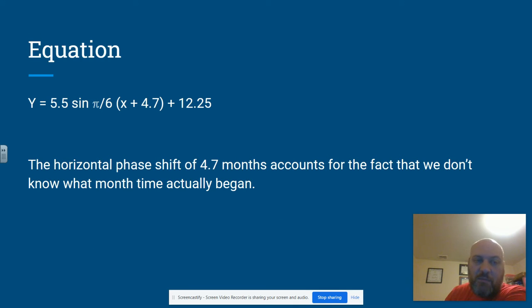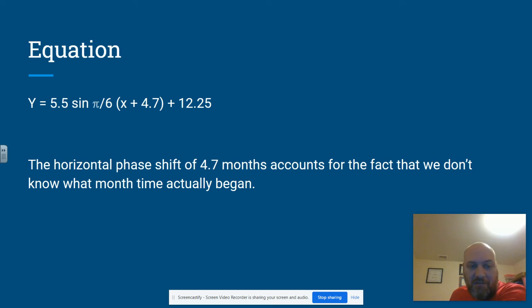Based on these key points, I created the equation y equals 5.5 times the sine of pi over 6 times (x plus 4.7) plus 12.25. I had a horizontal phase shift of 4.7 months. And I believe that accounts for the fact that we really don't know what month time actually began.